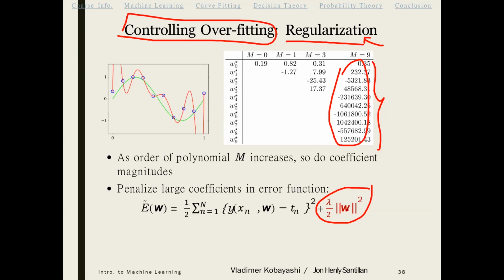Kung masyadong malaki ang ating coefficient, square pa natin, multiplyan natin siya ng lambda, lalaki din yung ating error. So, since our goal is to minimize this, we want our W to also be small. Correct? Kasi ang tendency kasi kung wala ito, ito ay magzi-zero. Then we have a good fit, pero nag-overfit pala siya. So as we decrease this, we actually increase this.